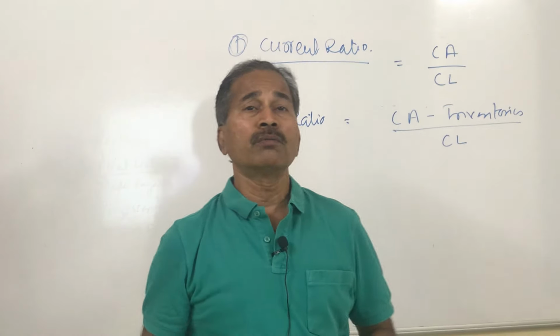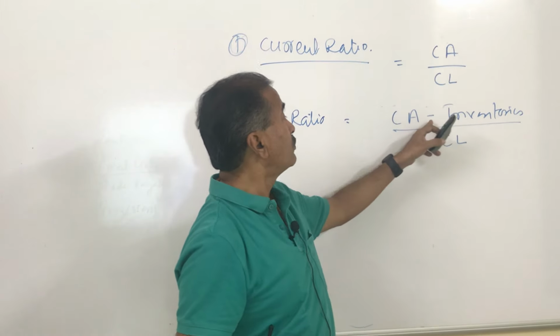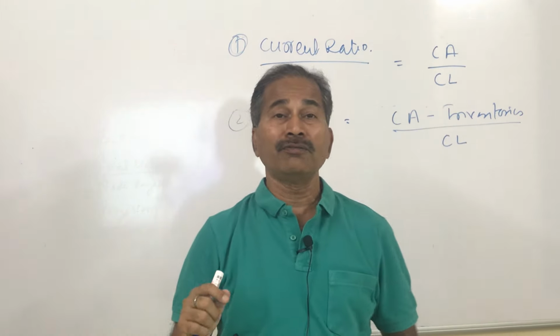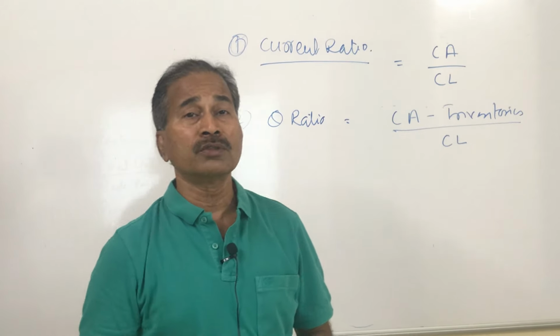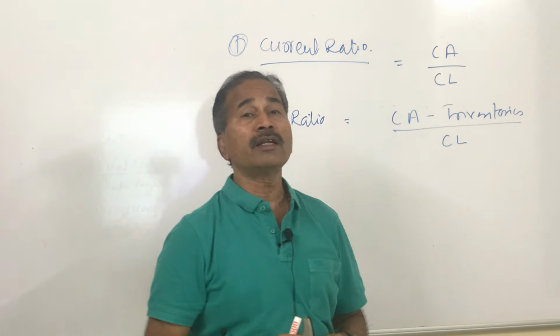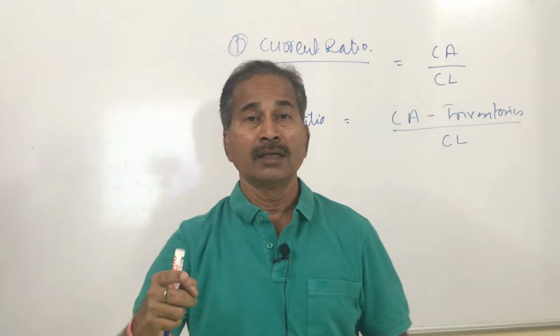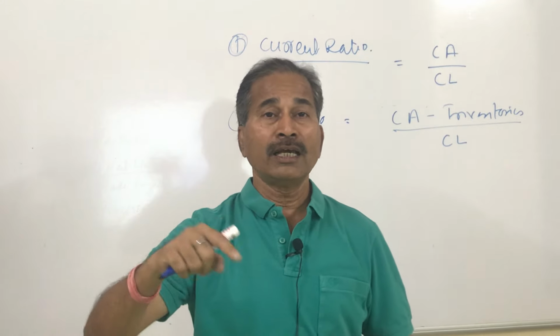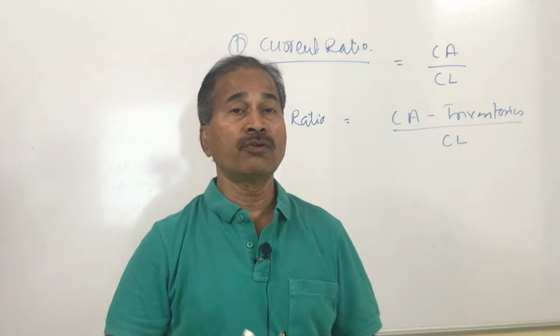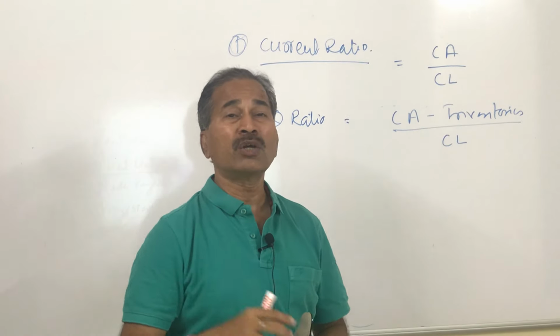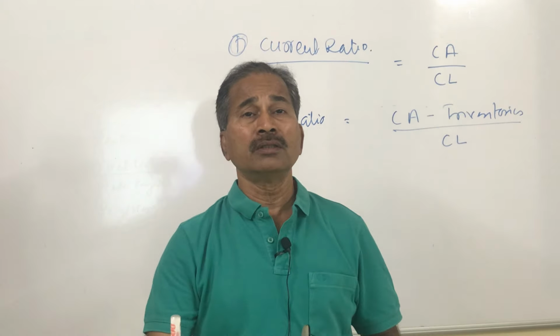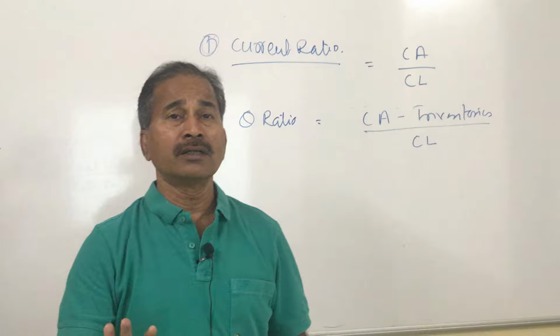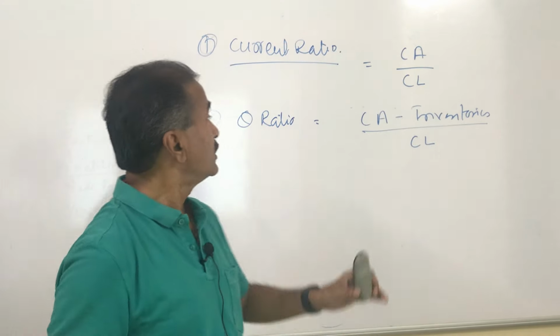Now the question may come to your mind as to why do you deduct the inventories from the figure of current assets for calculating the figure of quick ratio? Answer, of course, is very simple, because your inventories are not as liquid as your cash and bank is, as your receivables are, and therefore you want to find out the quick ratio. That means the bigger degree of your liquidity, and that is how you will do.